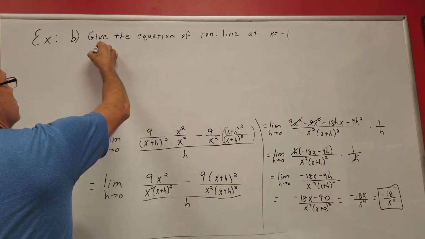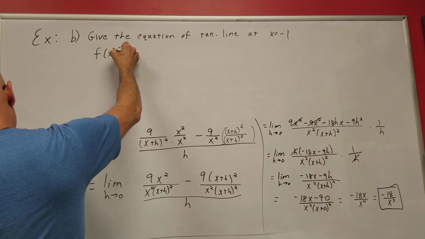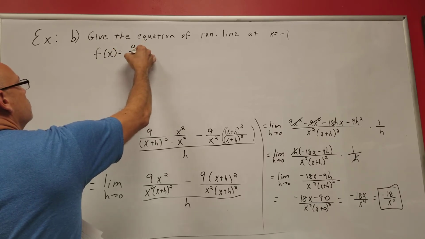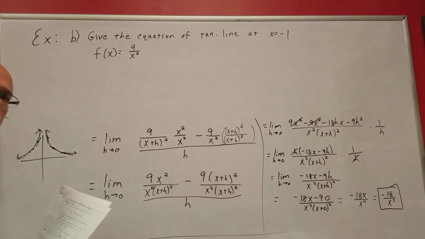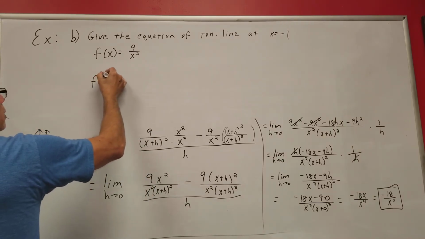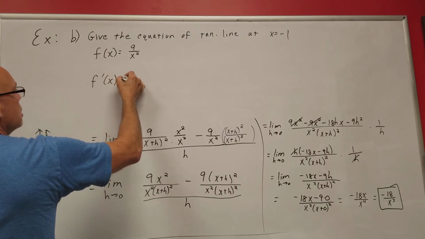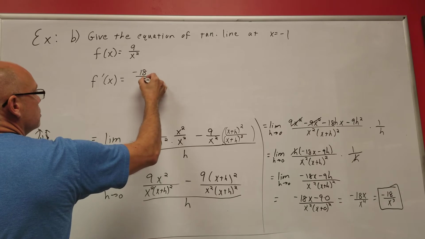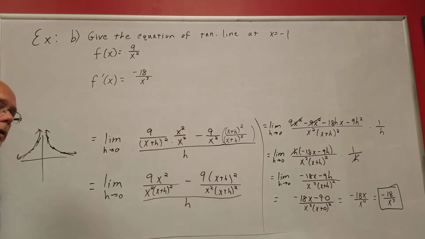Okay, so what was my original function? f of x was equal to what? We had 9 over x squared, right? And for part A, we found that f prime of x is equal to -18 over x cubed.